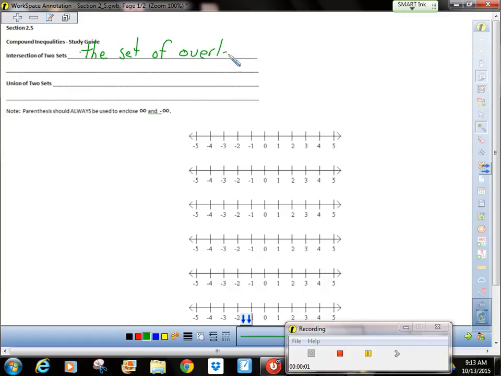It's a set of overlap, where the two sets overlap, like you said the first time. The set of overlap where the two sets meet, okay?